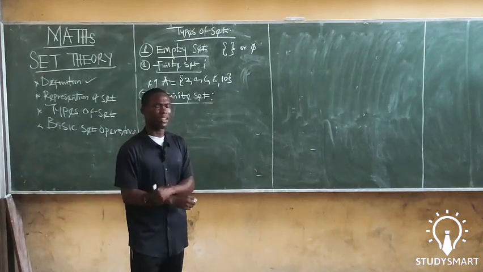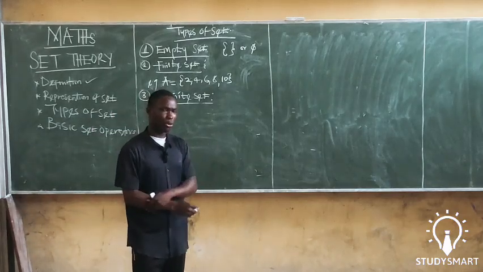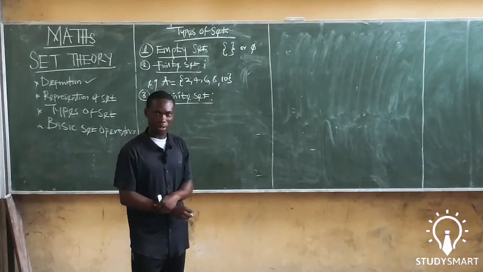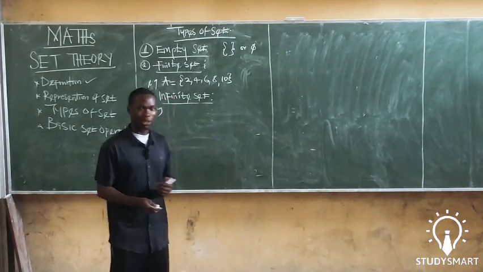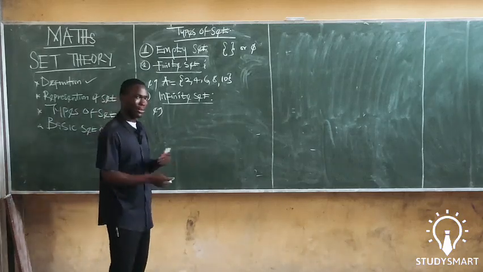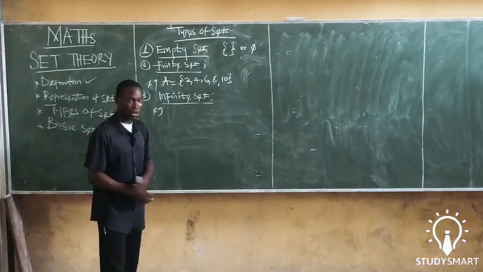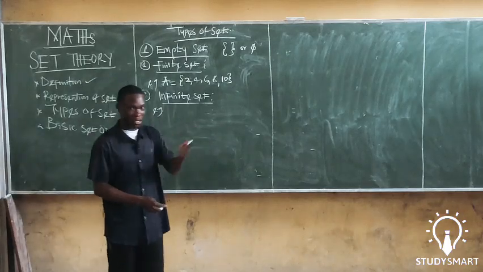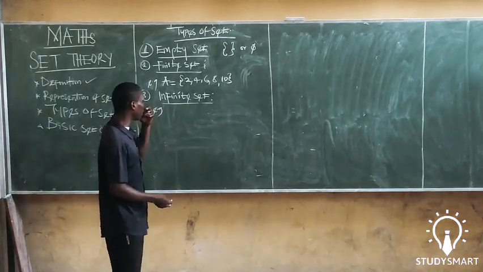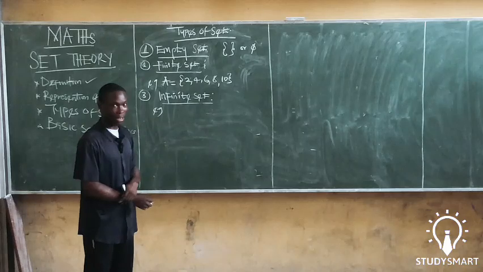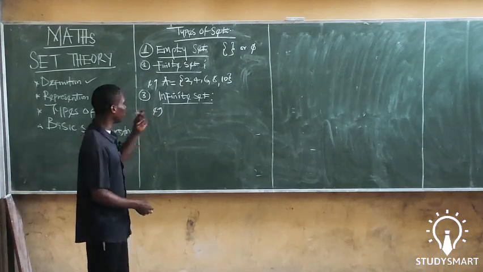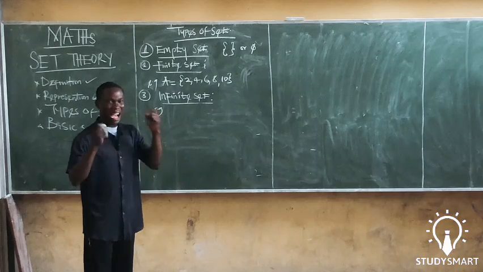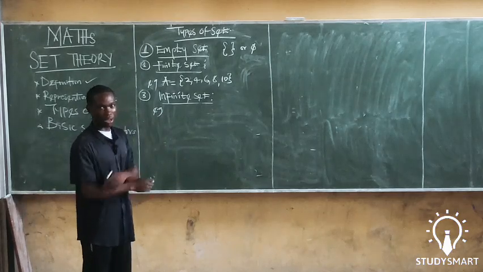If I tell you to list out all natural numbers, you cannot; if I tell you to count up to 1 trillion, it is very hard to do. By the time you count 100, you proceed to 101, till 1 million, just like that. So a set of all natural numbers is a very good example of an infinite set because it has an unlimited number of elements.